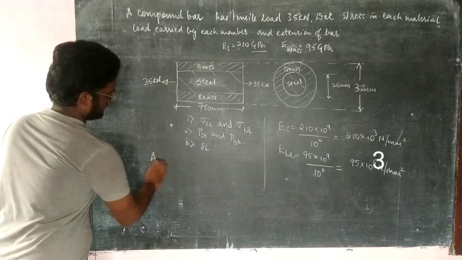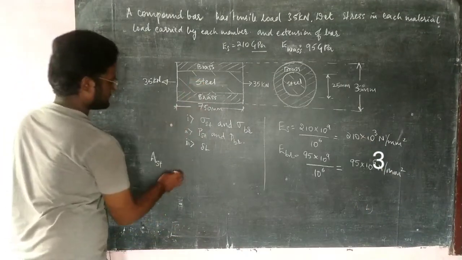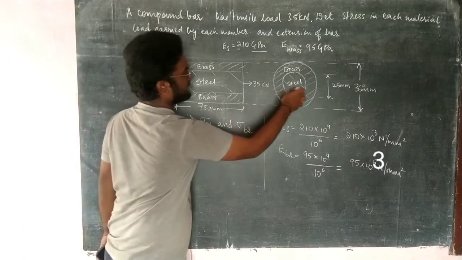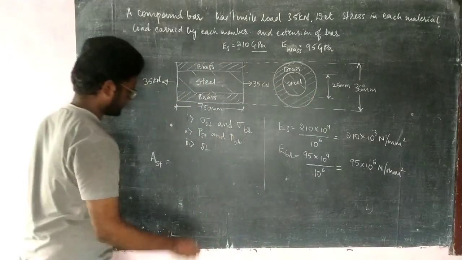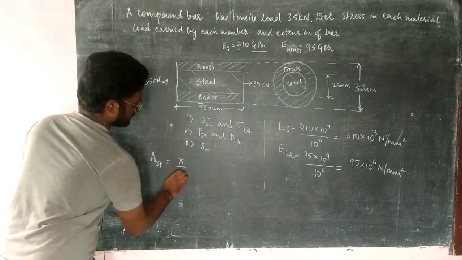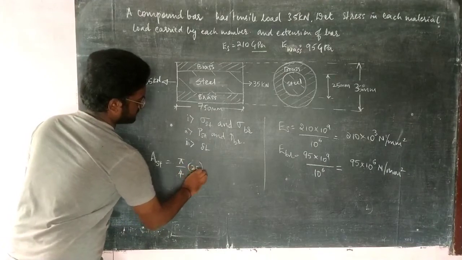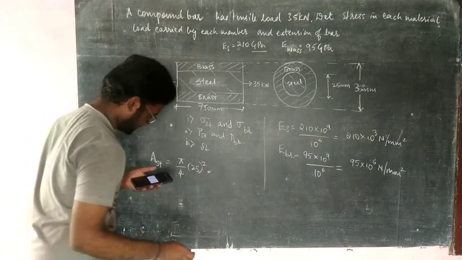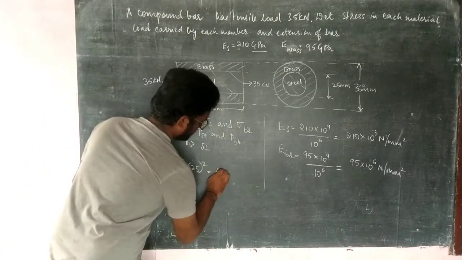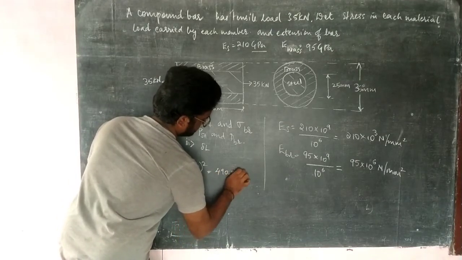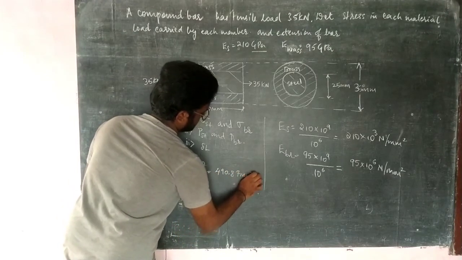Area of steel, how much? Steel is having the diameter of 25 mm. So that is pi by 4 into 25 square, which happens to be 490.87 mm square.